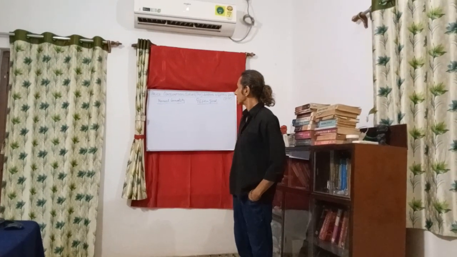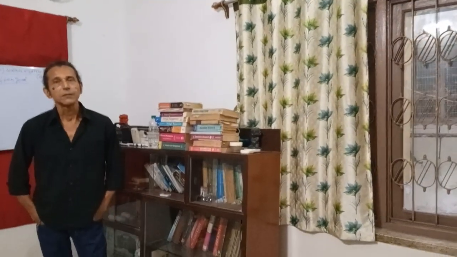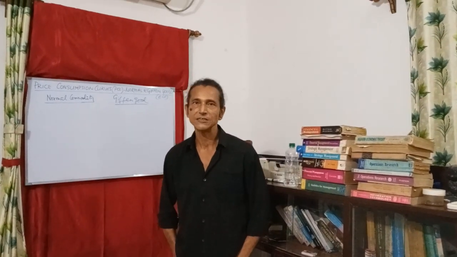The subject of this video is economics and the topic is price consumption curves of normal commodity and Giffen commodity. We know the law of demand states that when price of a commodity falls, quantity demanded increases, and when price increases, quantity demanded falls, with ceteris paribus assumptions, that is the assumptions of other things remaining unchanged.